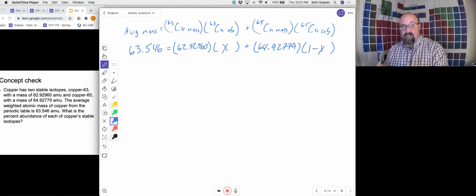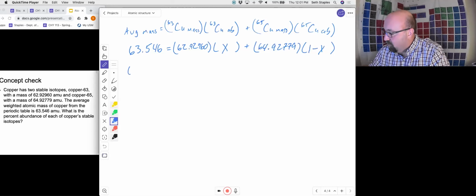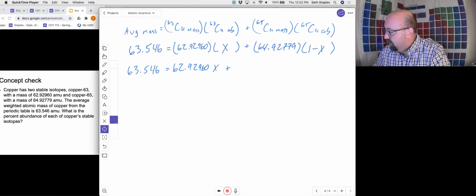Now we just have to algebra this. And yes, algebra in this case is absolutely a verb. And so we're going to start algebraing. And so we're going to first just keep our 63.546. Now we're just going to distribute this X through. We'll get 62.92960X plus, now we're just going to, again, do the math of this.